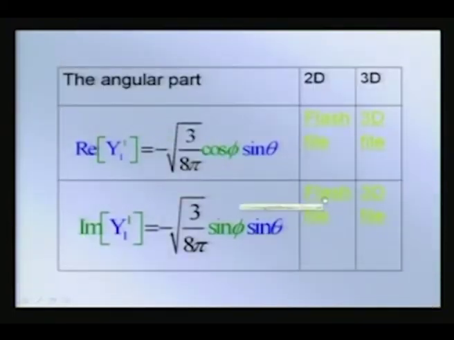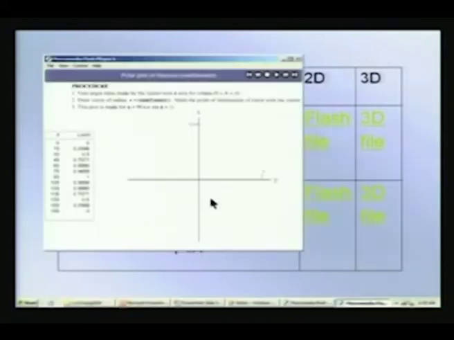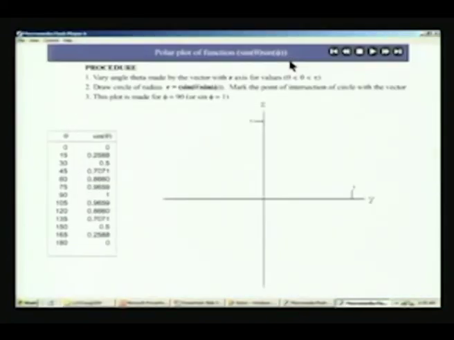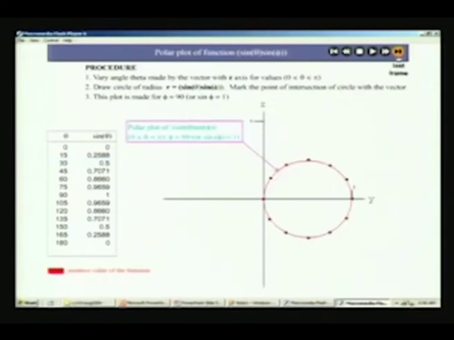If you look at the corresponding plot, the plot is again sin theta only in 2 dimensions, but we are going to draw this plot for phi equal to 90 degrees because that is where sin phi is maximum. Therefore what you get is again the same plot as before, sin theta. It is easy to go through the whole thing and see that the end result is exactly sin theta, except that now it is along the y axis, not along the x axis.